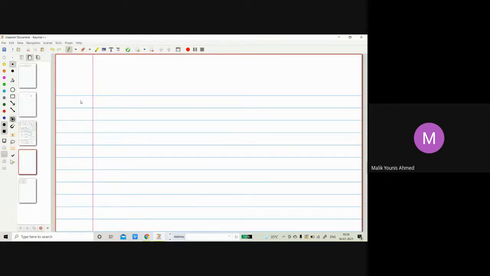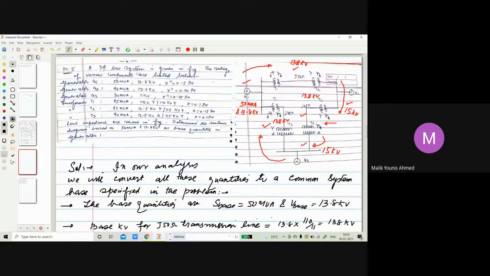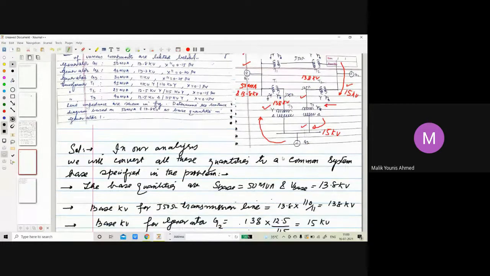Okay, continuing with this, then xg3 will be, you can see here xg3 data is there, 0.25 is the old reactance value. S base new is 50, S base old is 30, V base old is 11, and in generator 3, V base new is 15 kV.